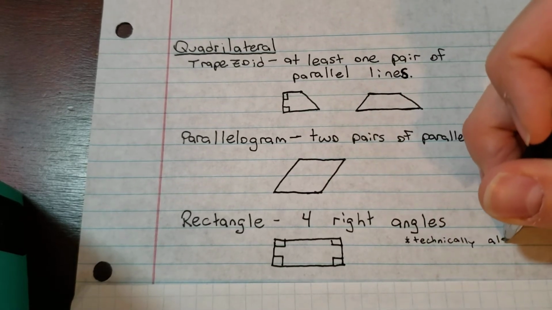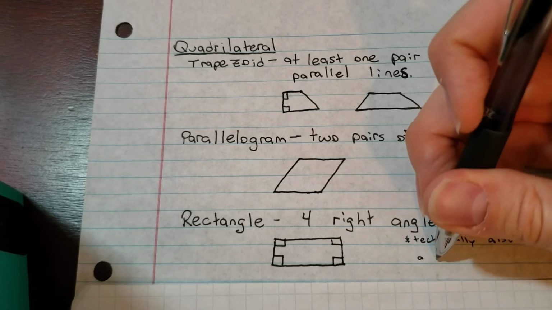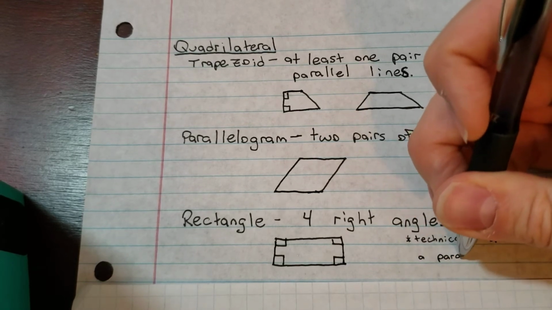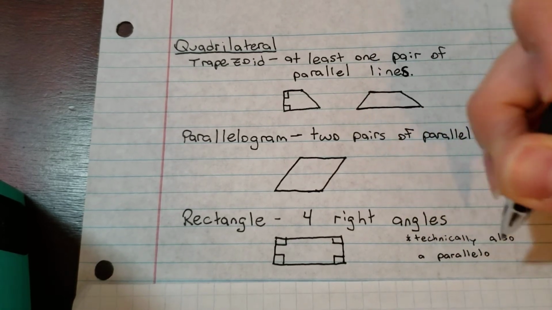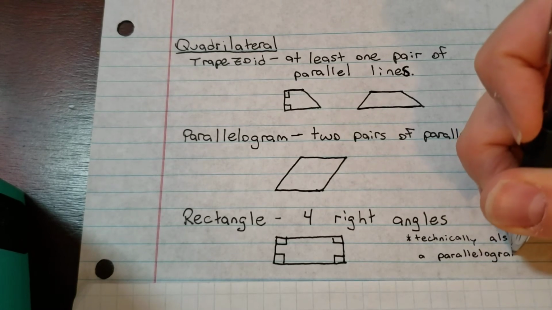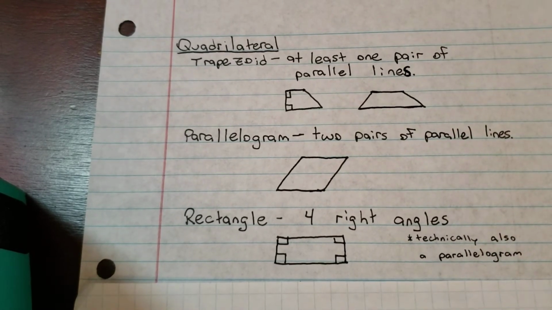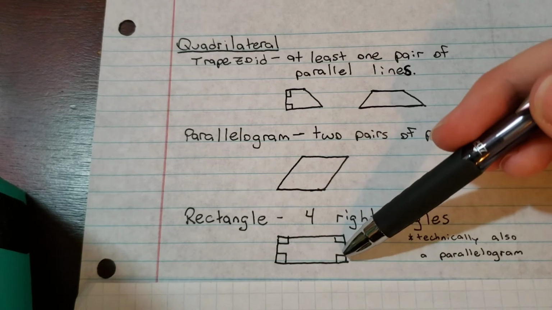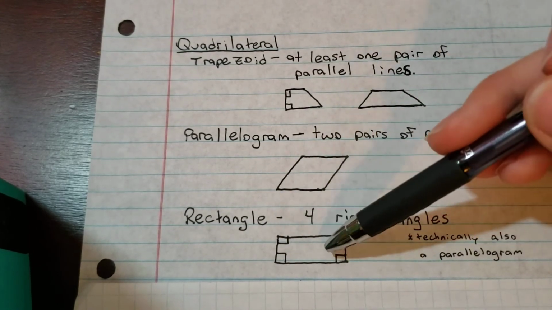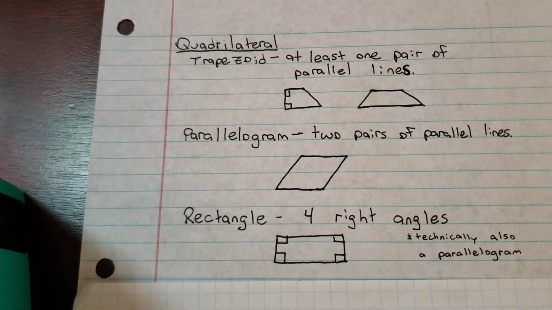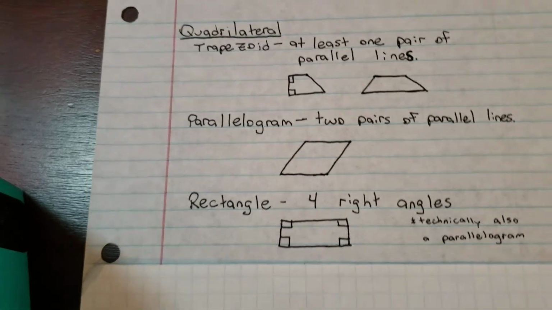Technically also a parallelogram, and it's true. You could call a rectangle a parallelogram that has four right angles. That'd be very true.